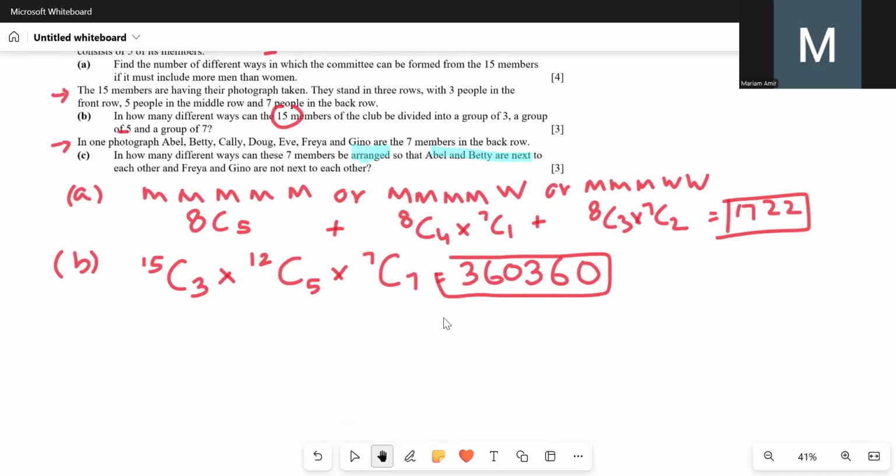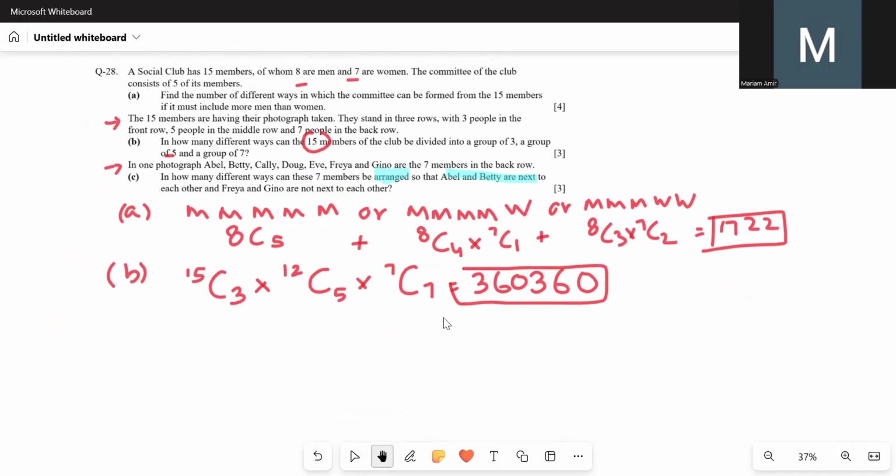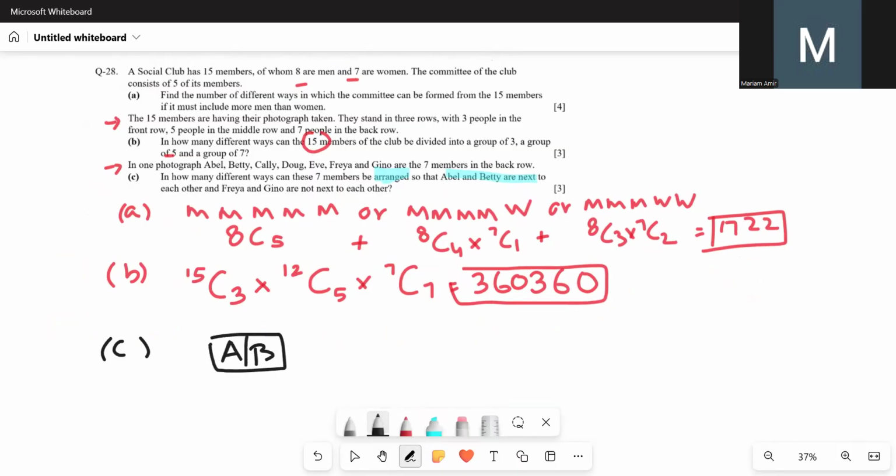That would mean we will have to group them together. So let's group them. Abel and Betty are next to each other. This is grouped. This will have 2 factorial arrangements because these are 2 people and they have 2 available slots. So 2 factorial. Next, we will consider these 2 as a single individual as we do in grouping.